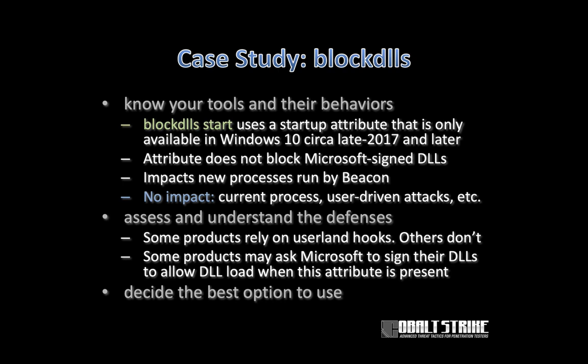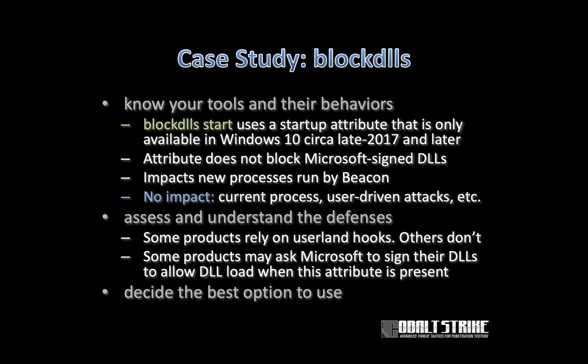Block DLL start uses a startup attribute that is only available in Windows 10 from late 2017 and later. Said another way, this implementation does not work on Windows 7. The attribute does not block Microsoft signed DLLs. Microsoft signed does not mean Microsoft developed.